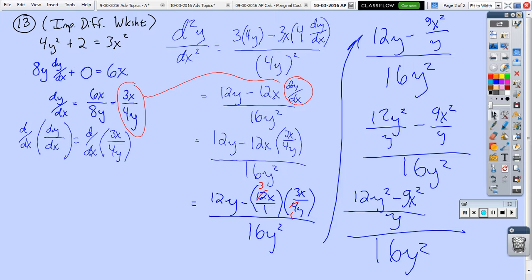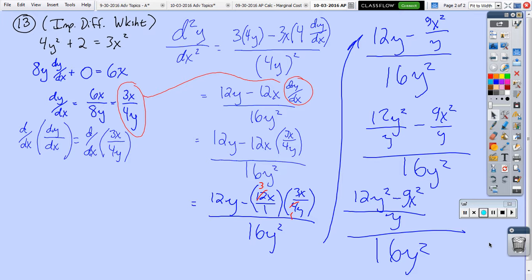That's 12y squared minus 9x squared over y, all over 16y squared. Do you have any questions about where we are now? Where did this 12y squared over y come from?